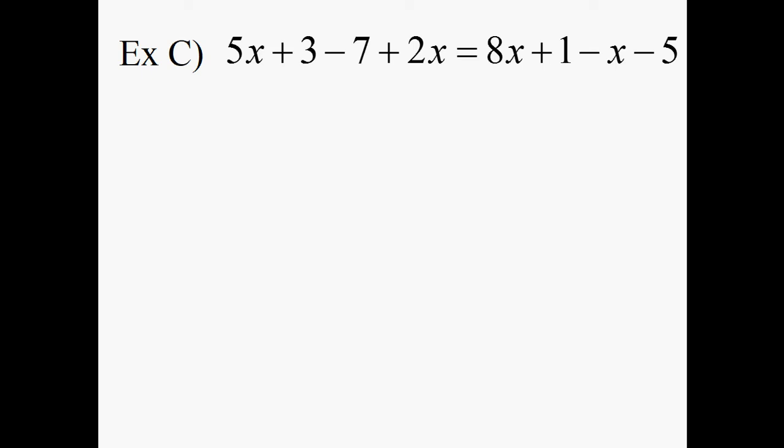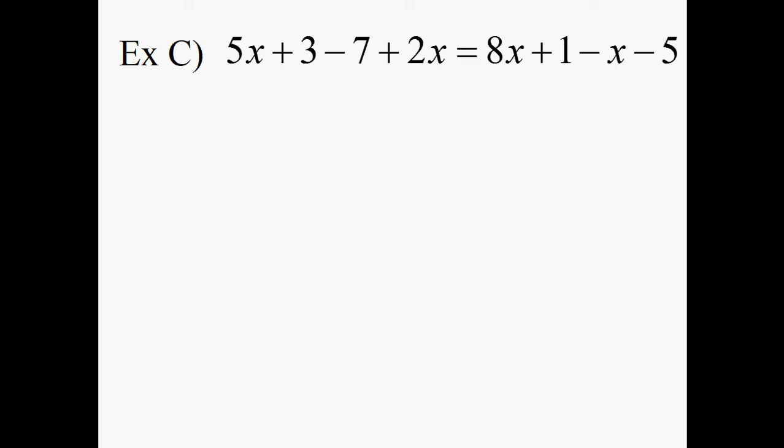All right, so once you've simplified the left side, you're going to go ahead and do the same thing on the right side. So take your highlighter or your note card or whatever the case may be, cover up the left side, and then on the right side, you're going to do your boxes and circles. So box the 8x, box the negative x, which is really like subtract 1x.